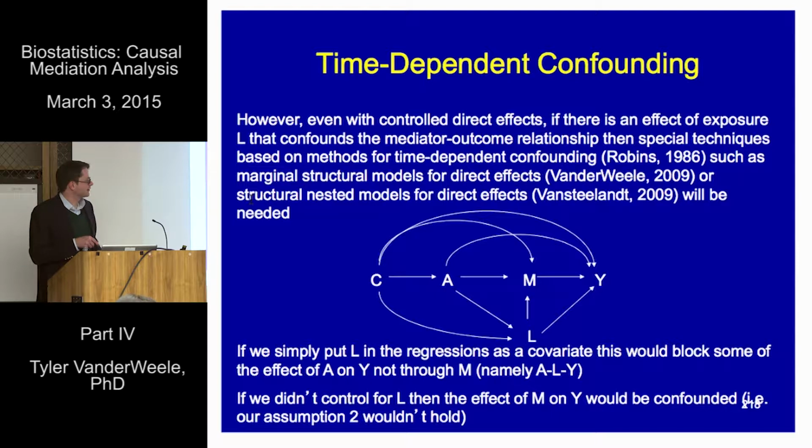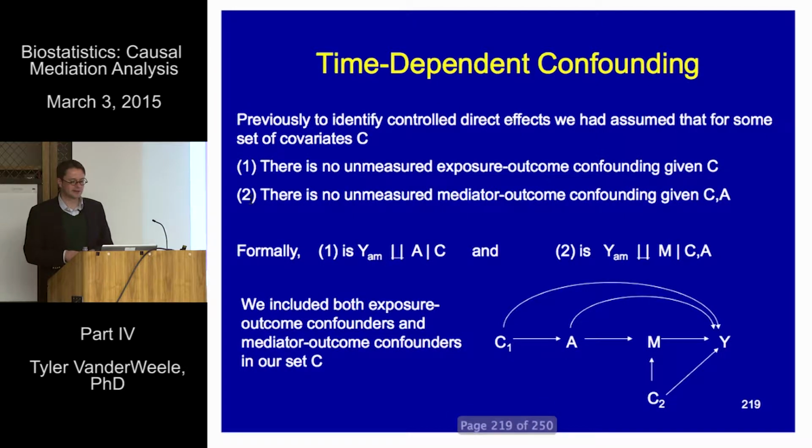If we put L in the regression to control for mediator outcome confounding, that's going to be problematic because that's potentially going to block some of the effect from A to Y, not through M. So that's not going to work. But if we leave L out of that regression, we're going to still be left with mediator outcome confounding. So neither approach will work. We're essentially damned if we do or damned if we don't. Neither the regression with L or without L is going to suffice. But we can use some alternative methods, which we'll describe, to carry out this analysis where we're trying to estimate controlled direct effects in the context of time-dependent confounding.